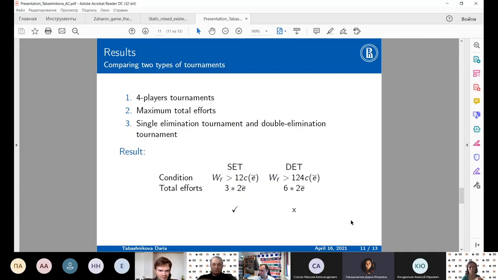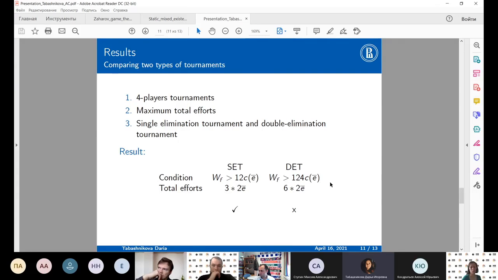For double mission tournaments, it is twice times higher. But on the other hand, we can see that the costs of these tournaments would be higher, because to get this maximum total effort, we should pay more to the winner, approximately 10 times more for such a case.